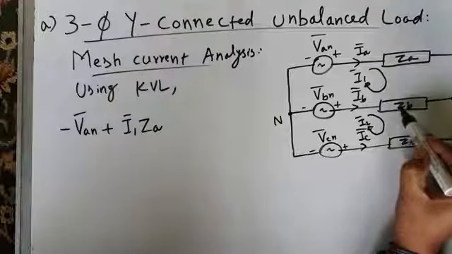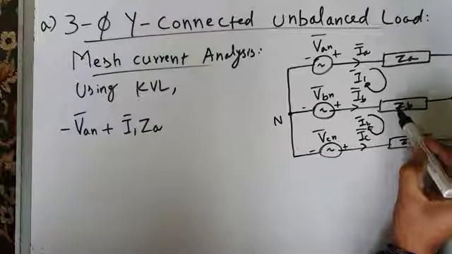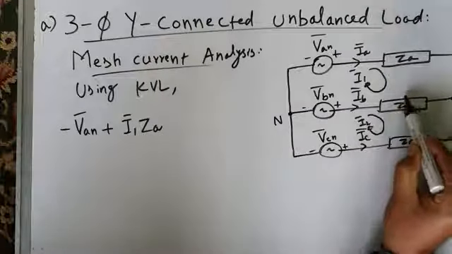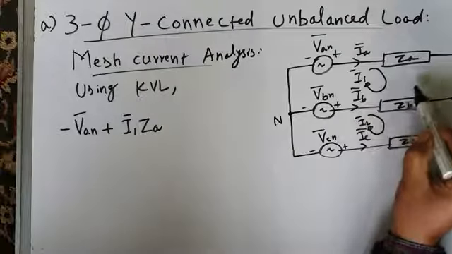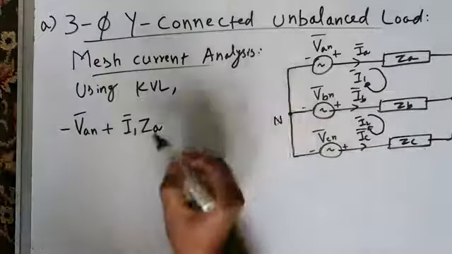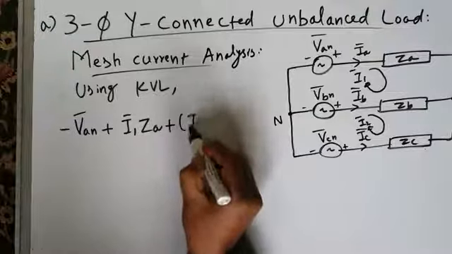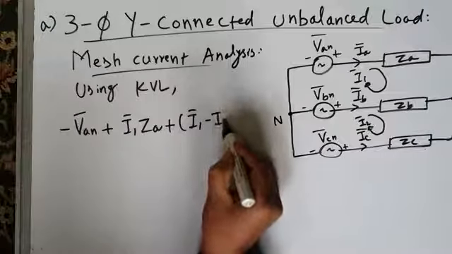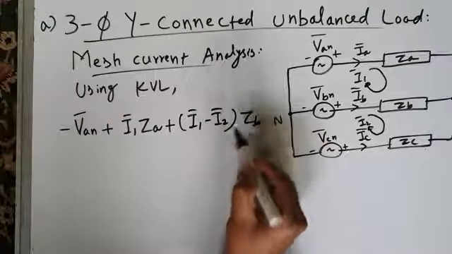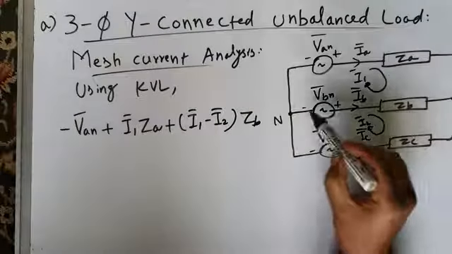What is current through this impedance ZB in terms of these mesh currents? This is I1 and this is I2. I1 is in this direction, I2 is in this direction. So it is I1 minus I2. I1 minus I2 times ZB.